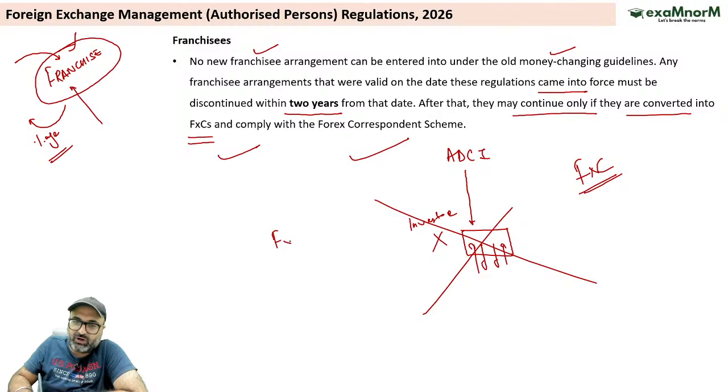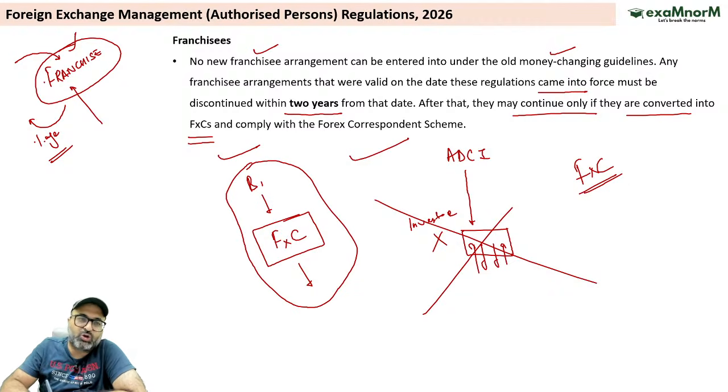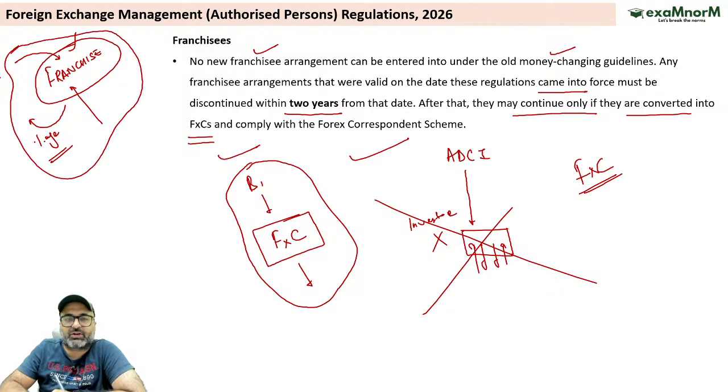But in case of a foreign exchange correspondent, this is an agent. It will directly report to you every day. It will conduct each and every transaction under your supervision only. So this is more controlled, this is more supervised in comparison to a franchise model. This is what I'm trying to say.